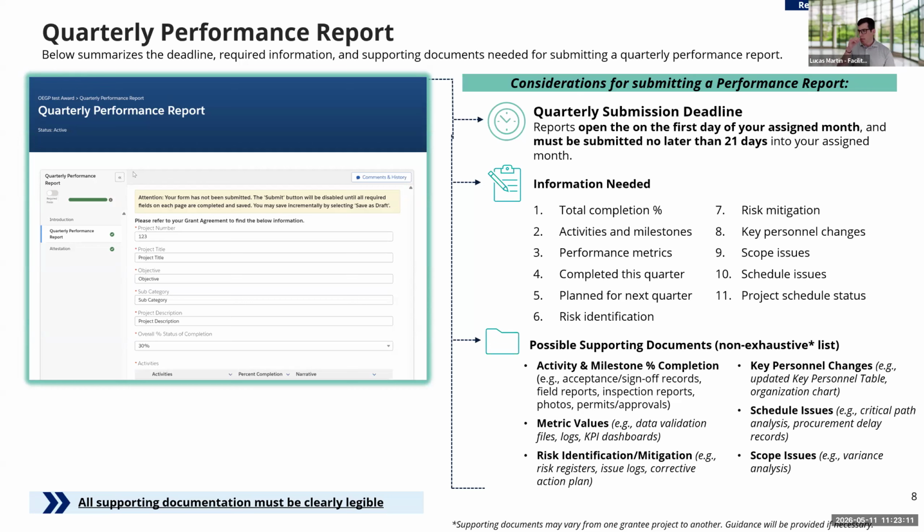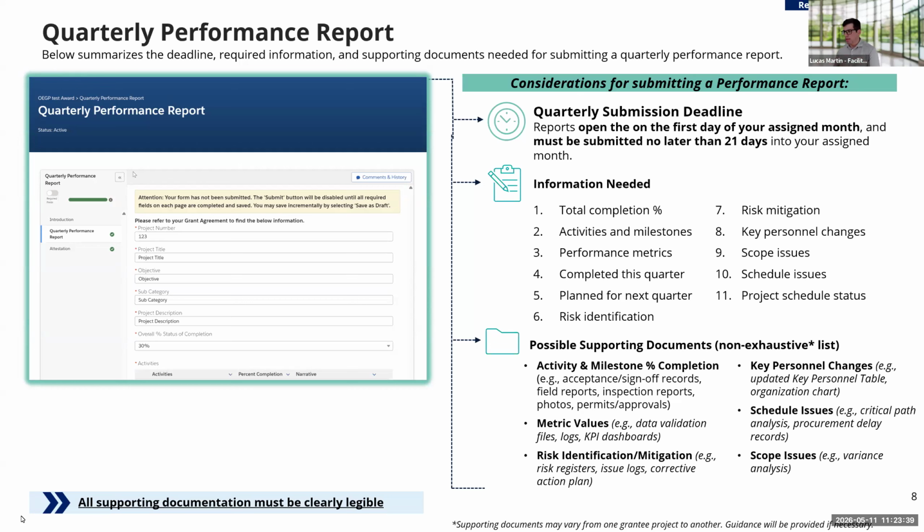A number of items here is a non-exhaustive list of supporting documentation related to demonstrating progress against those things. Depending on the activity and milestone that are captured in your documents, we look to see different types of supporting and sign off records, field reports, inspection reports, photos and permits.